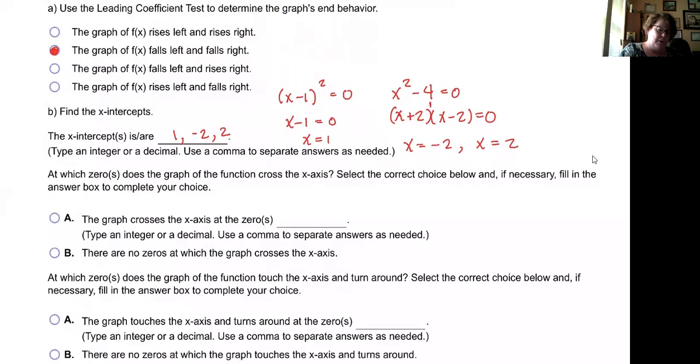And each one of those factors has a degree of 1. There's an understood exponent of 1 there. So the multiplicity of those two x-intercepts is odd. It's equal to 1. So it's going to cross the x-axis at negative 2 and positive 2.